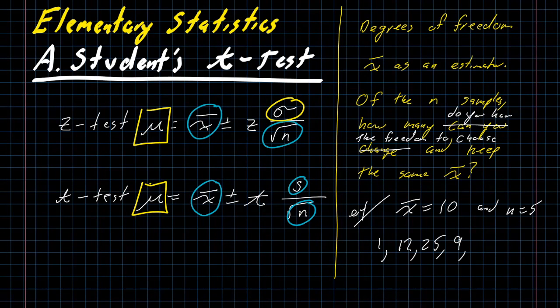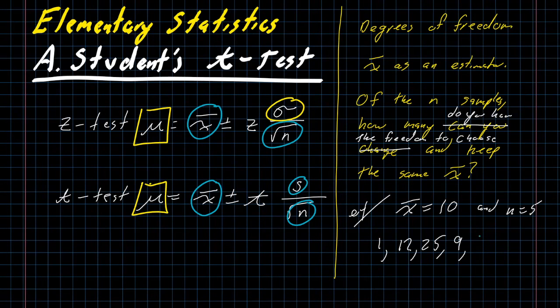But at this point, I have to stop. Because once I pick the next value, my mean is set. So if I add 1 plus 12 plus 25 plus 9, I get 47. In order to ensure that my mean is 10, when I add all 5 numbers together, I need to get 50.